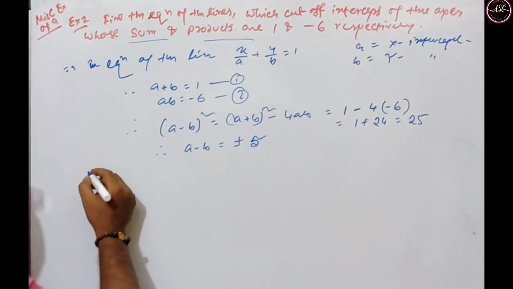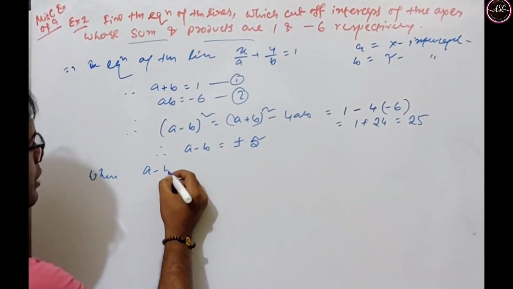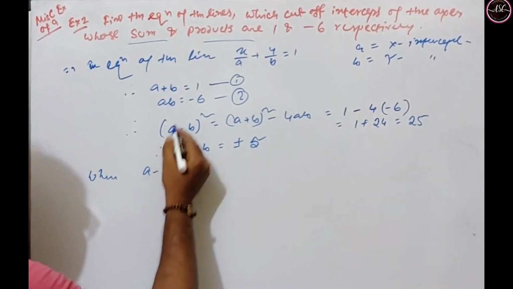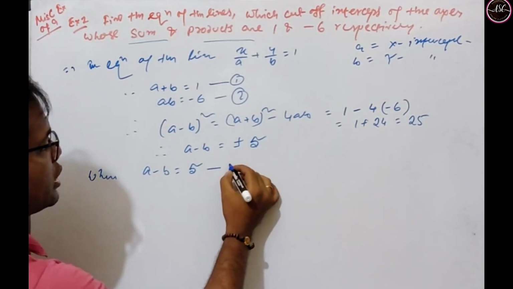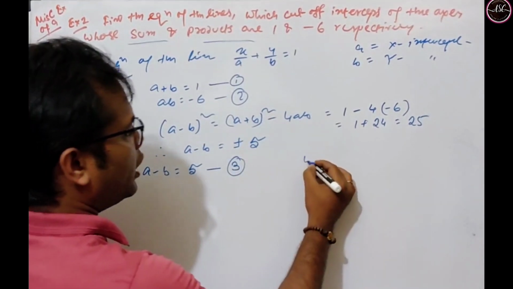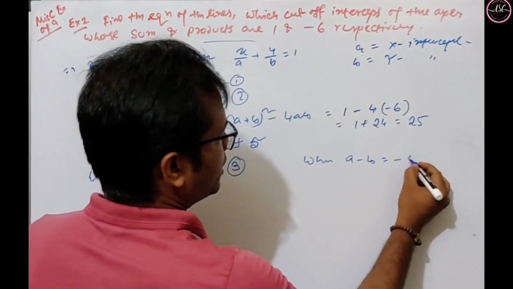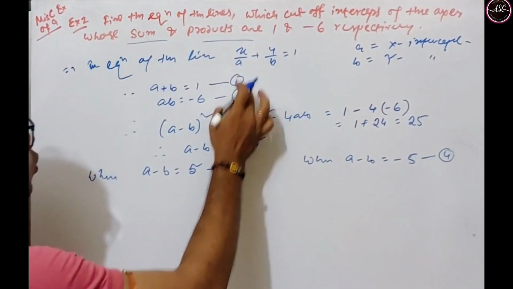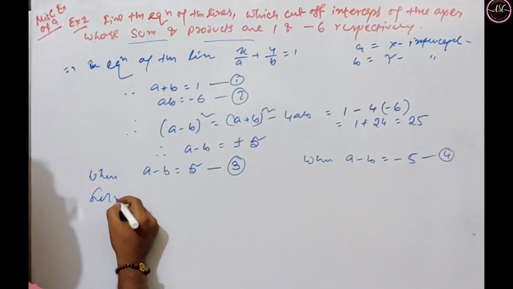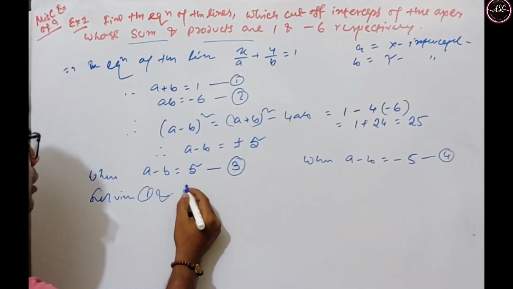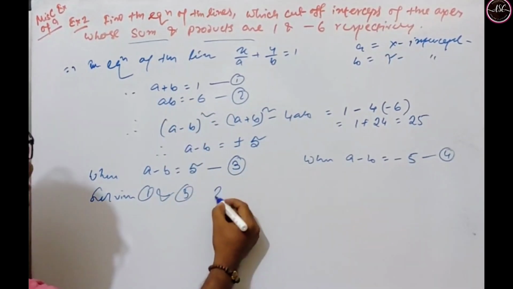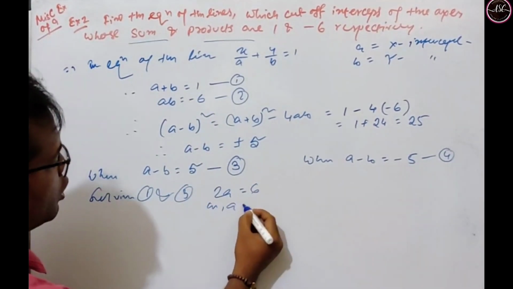So when a minus b equal to plus 5, this is equation 3, and when a minus b equal to minus 5, this is equation 4. Now solving 1 and 3, we get 2a equal to 6, or a equal to 3.